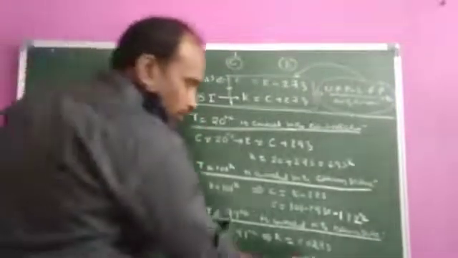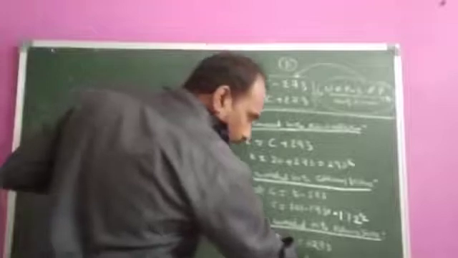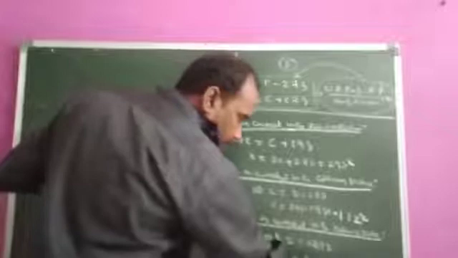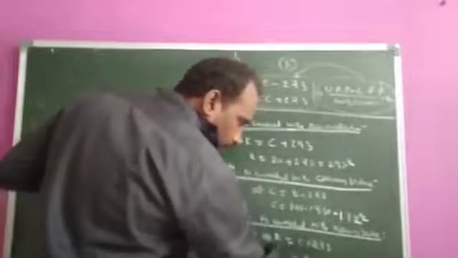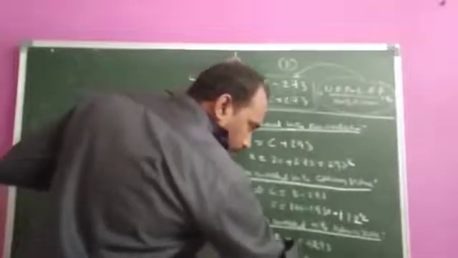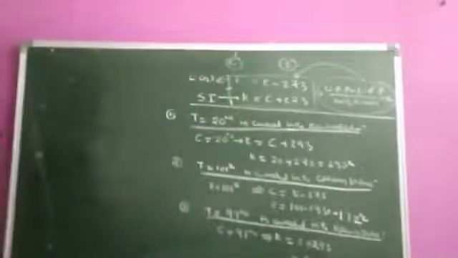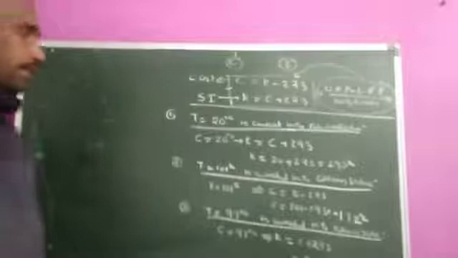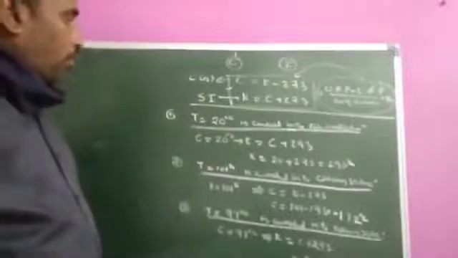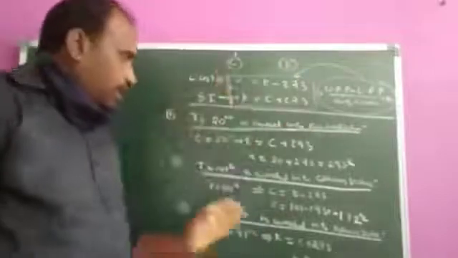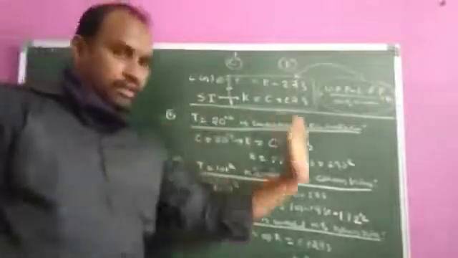Adding now: 7 plus 3 is 10, 0, 1; 8, 8 plus 9 is 17, 7, 1. So you got 370 Kelvin. So in these three questions you understood how to convert Celsius scale to Kelvin scale, and Kelvin scale to Celsius scale.